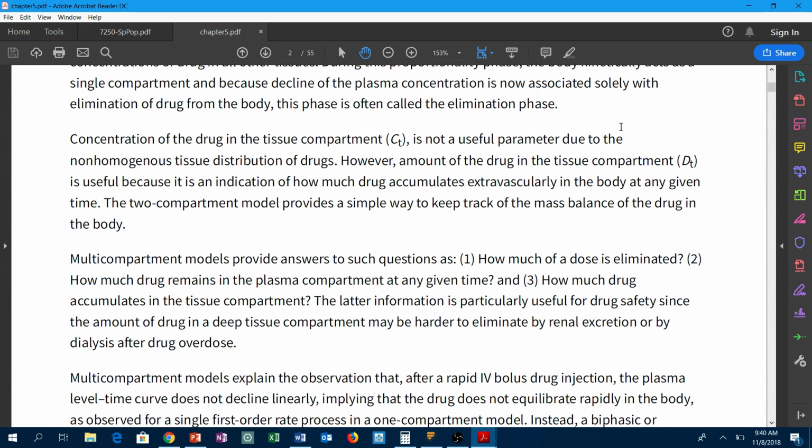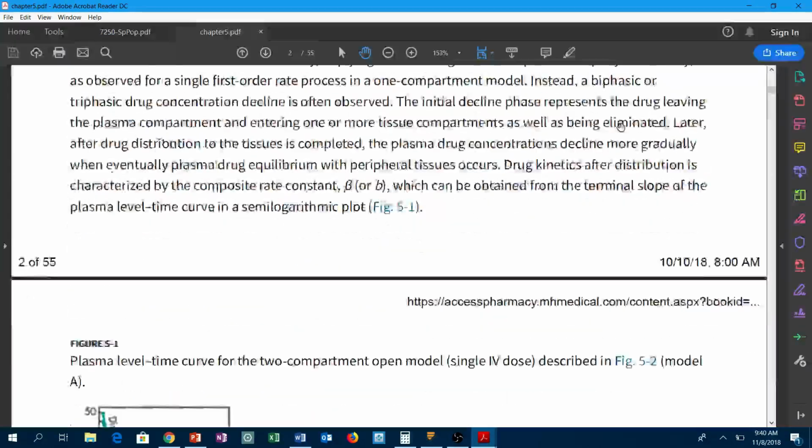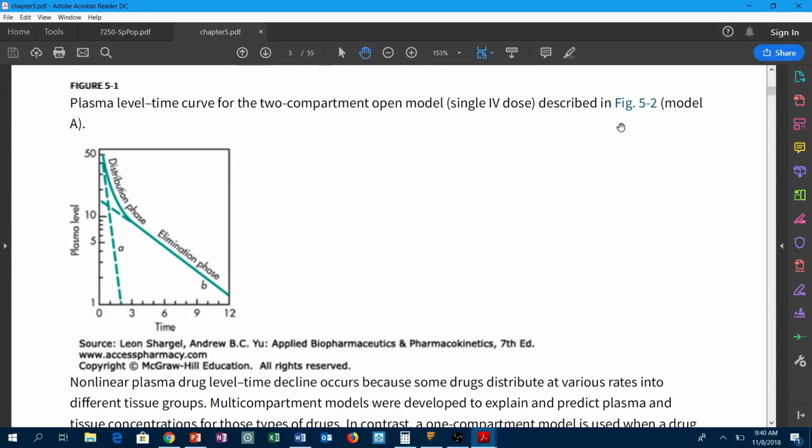I think this one should be E. Residual, that doesn't answer it. That's the distribution or alpha phase. This is distribution phase and elimination phase. That's the elimination phase based on the residual. That'd be A, wouldn't it? So alpha, beta, and that's the distribution phase.